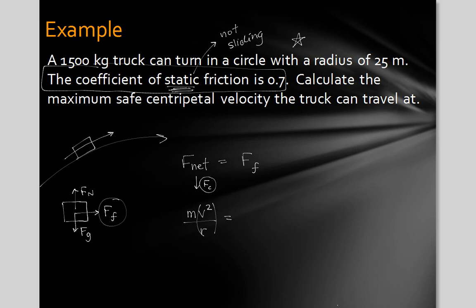Now the force of friction, we know from the previous unit, is mu Fn. And by taking a look at our free body diagram, you can see that the force normal, the upward force perpendicular to the surface, is equal and opposite to Fg, so where we see Fn, we can sub in Fg.